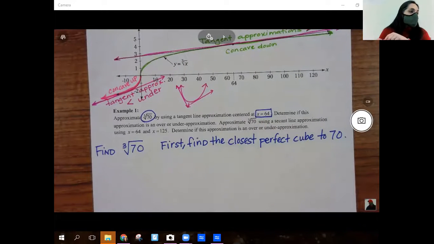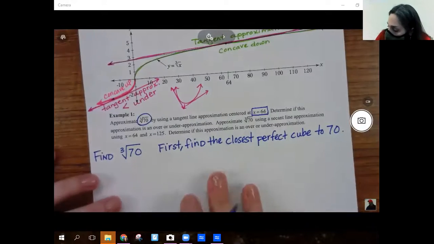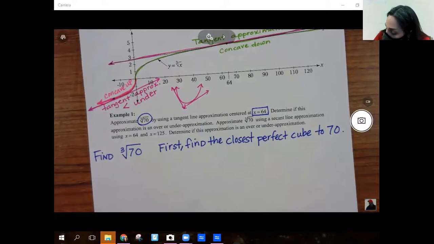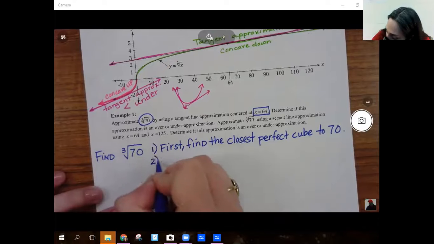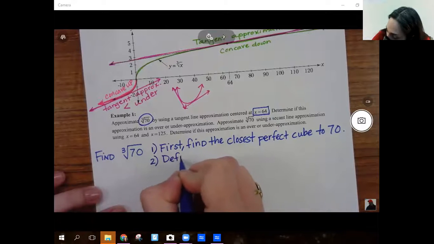All right, now you are going to approximate this cube root of 70 using a secant line approximation, using 64 and x equaling 125. All right, so what you want to do is define the function.